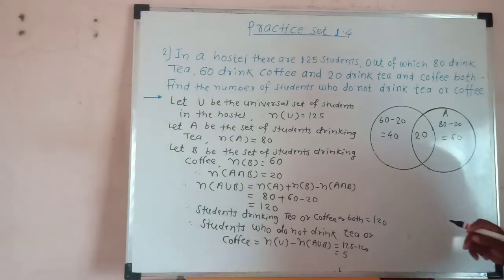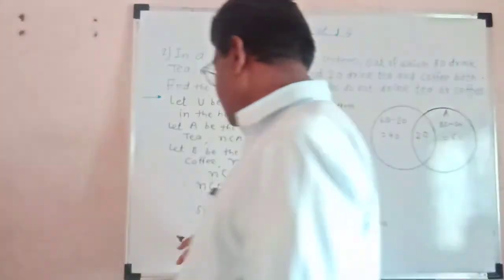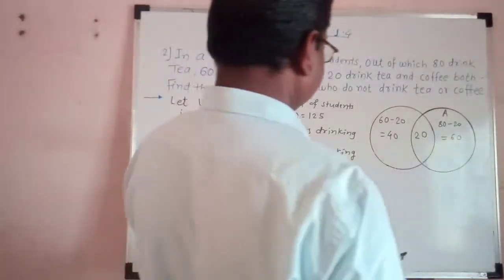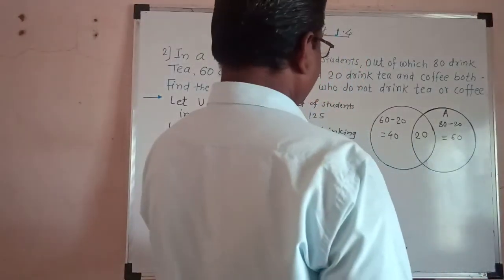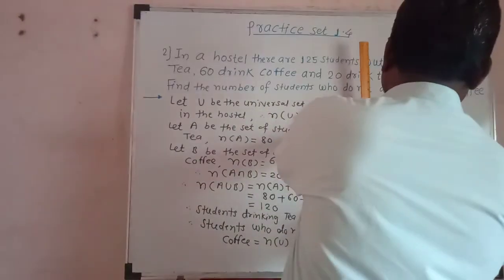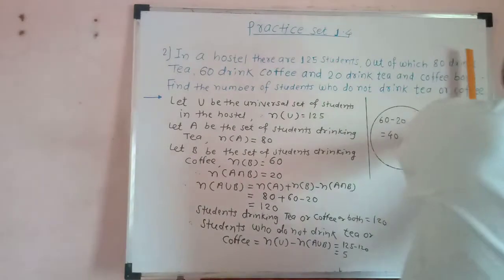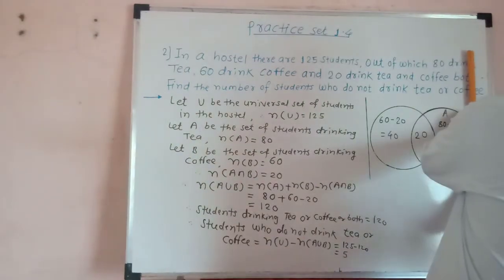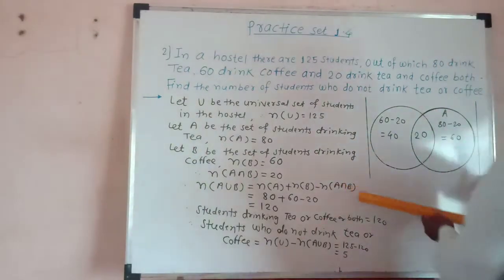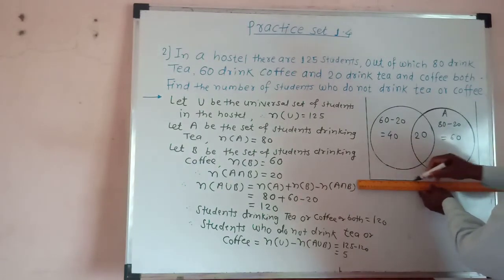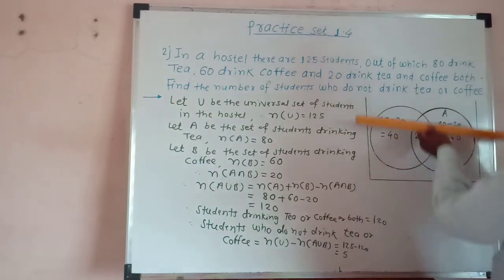In this way, we can write this in a Venn diagram also. And in this Venn diagram, if we have to show the universal set, we can draw the rectangle around these two sets.